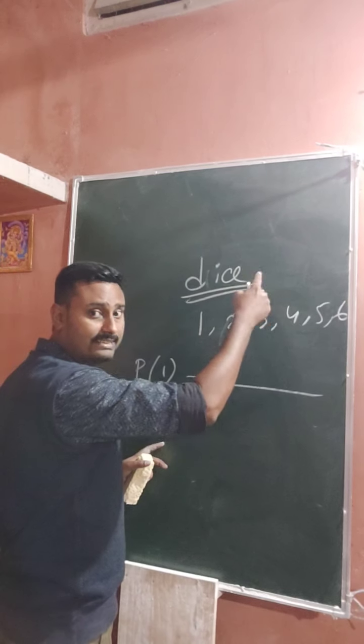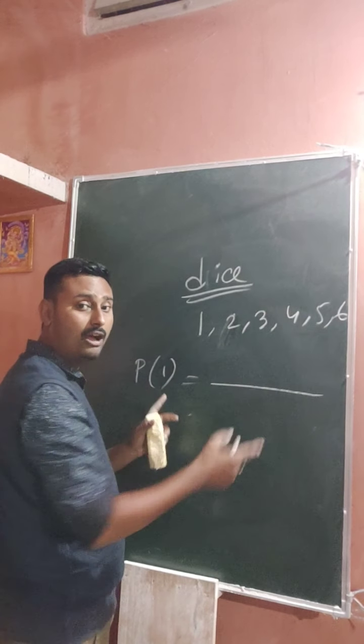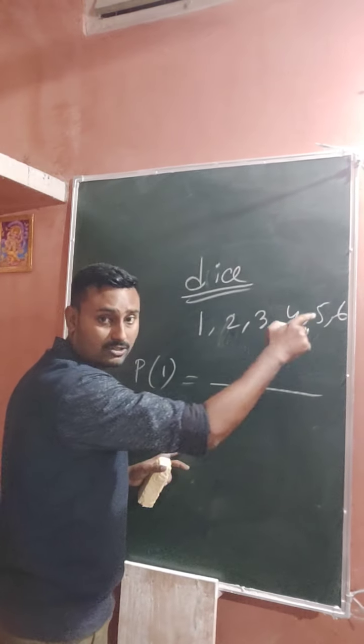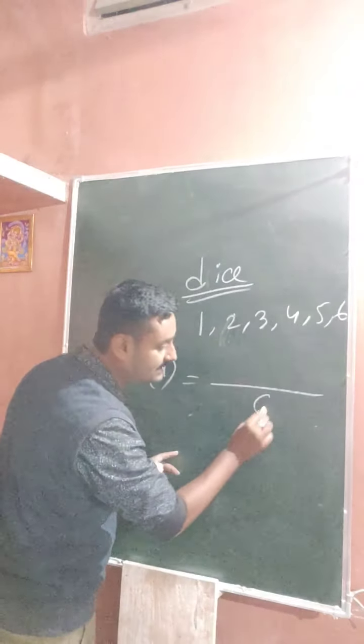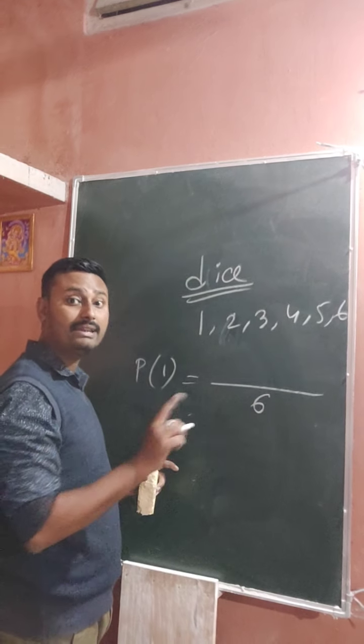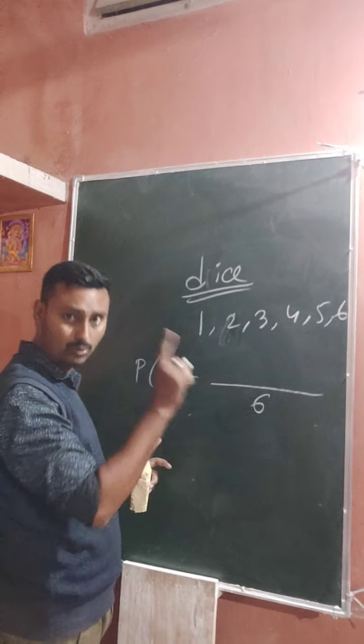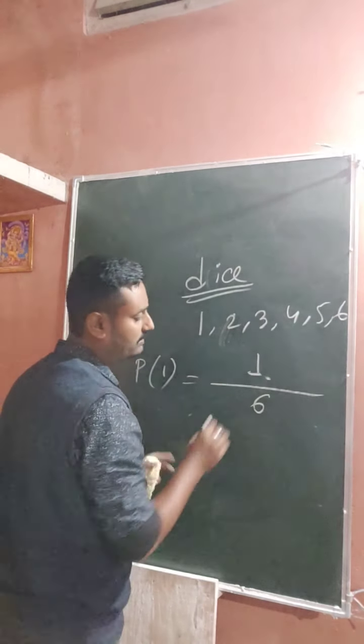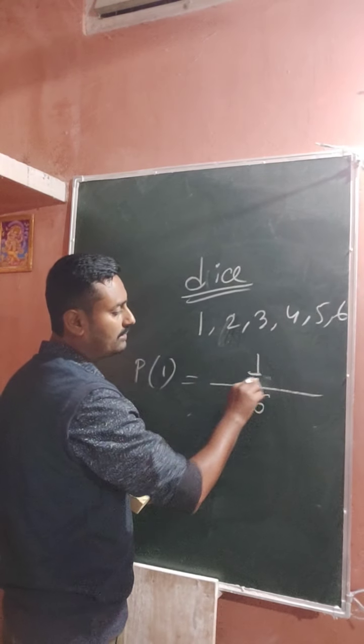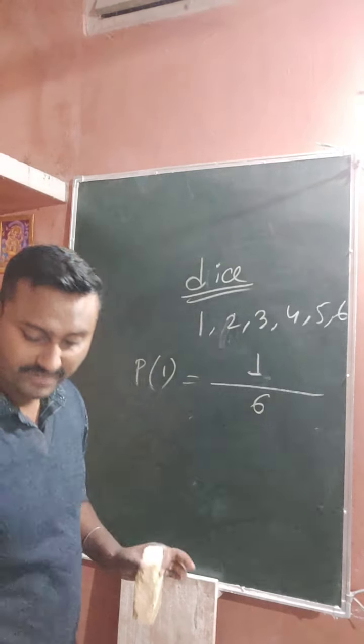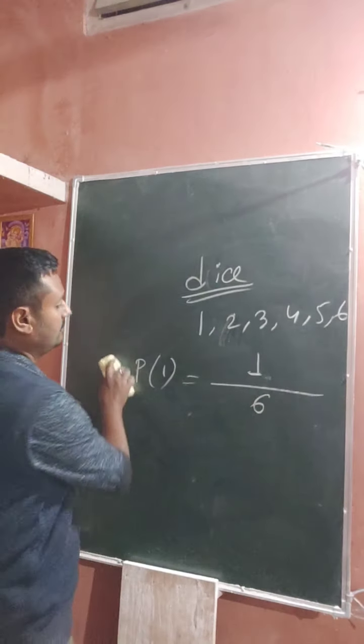Out of these 6, 1 will appear. But how many options do you have? 6 options. That means the total number of possible cases is 6. Clear? But in reality, only one thing will happen. That means the favorable cases is 1 by 6. Clear?